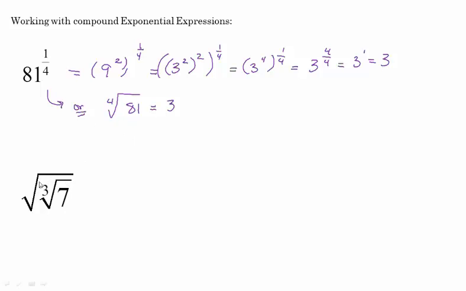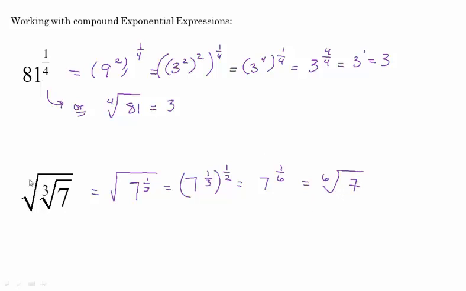Now here I have the square root of the cube root of 7. Now the cube root of 7 is the same thing as 7 to the 1/3. And the square root, remember that's a denominator also, so that would be 7 to the 1/3 to the 1/2, which gives me 7 to the 1/6, which is the 6th root of 7.